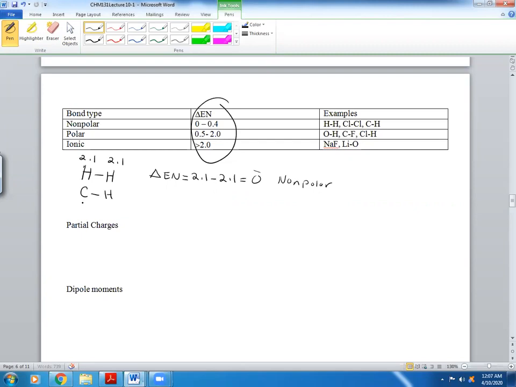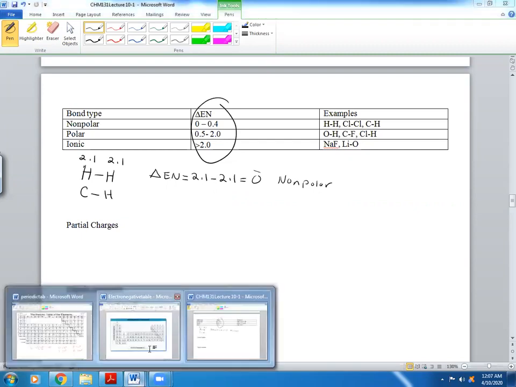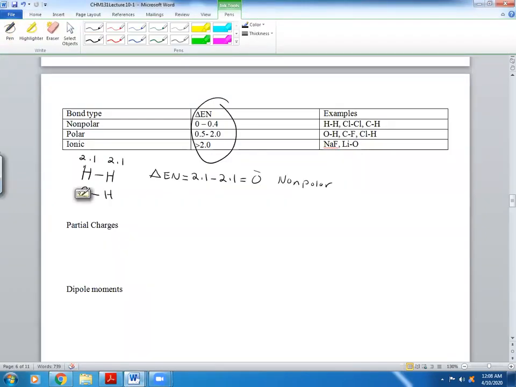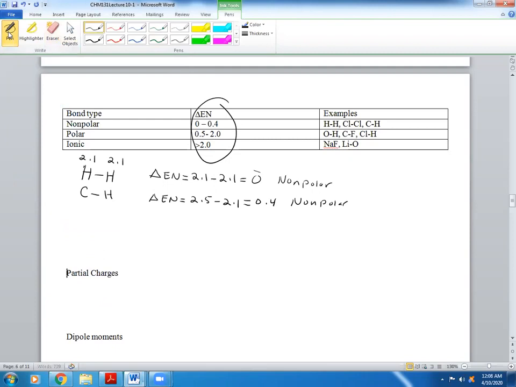CH as well is nonpolar. If you go look up the electronegativity of C, it's 2.5, and H is 2.1. 2.5 minus 2.1, that's a 0.4. Still nonpolar. Okay, OH.